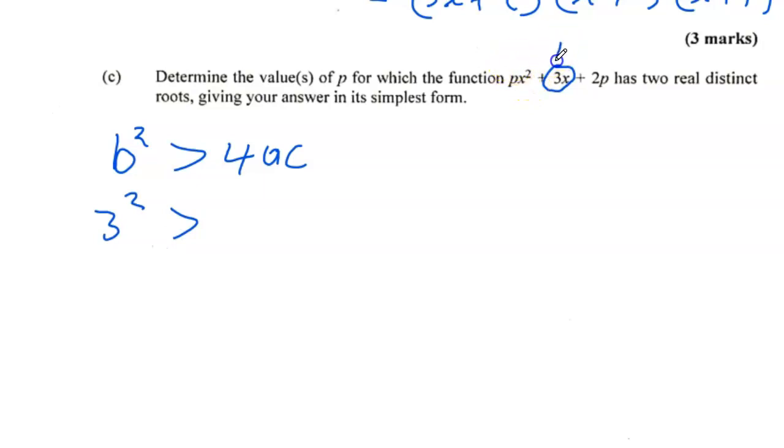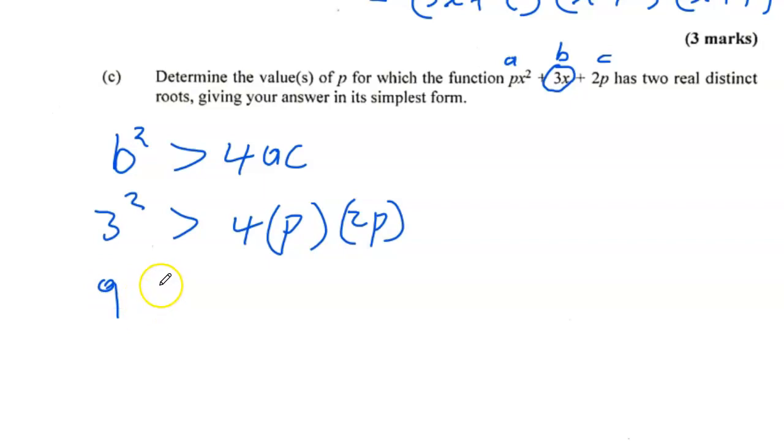So this is the b term. A is the coefficient of the x squared. C is the constant there, 2p. So 4, a is p, and c is 2p. So 9 must be greater than or equal to 4 times 2, 8, so 8p squared.